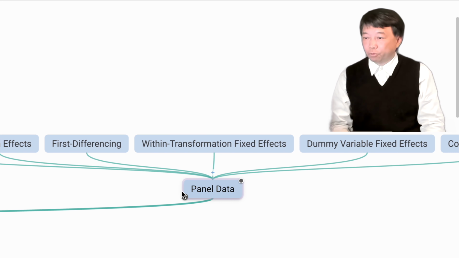The third data structure is panel data, which combines elements of both cross-sectional data and time series data. A panel dataset consists of time series observations for multiple cross-sectional units, meaning that the same individuals, firms, or countries are observed over multiple time periods.